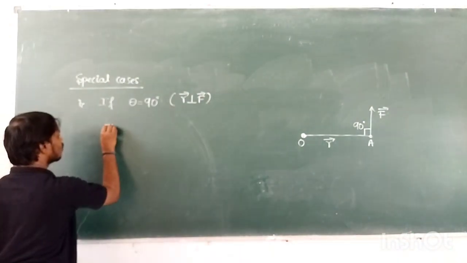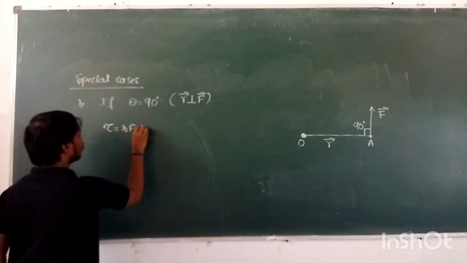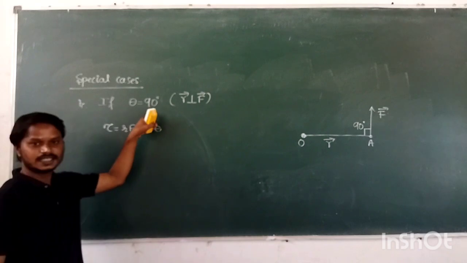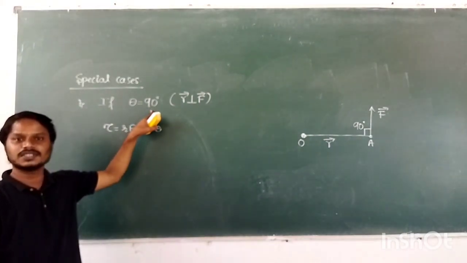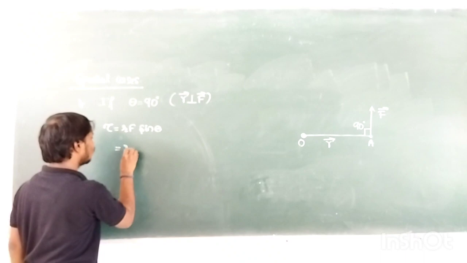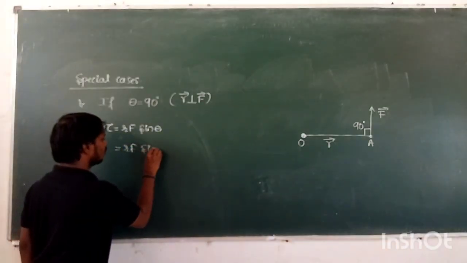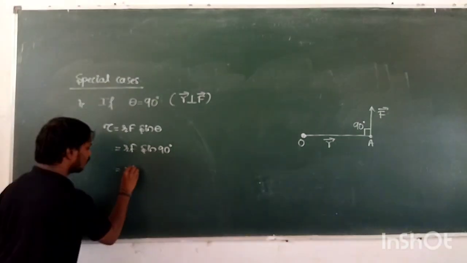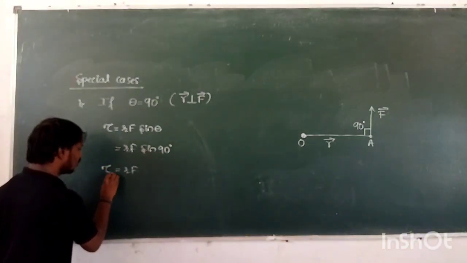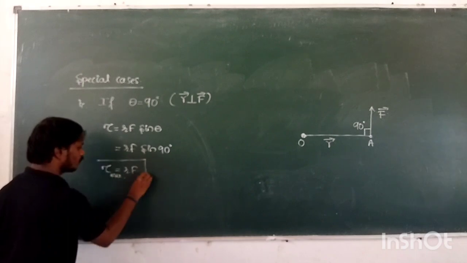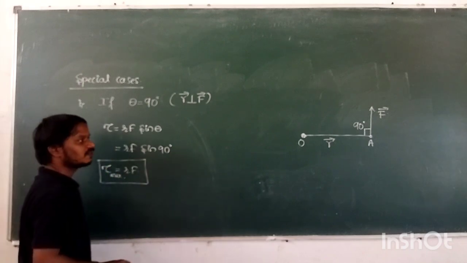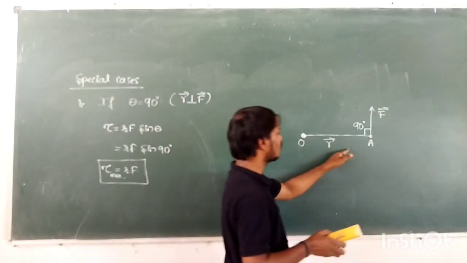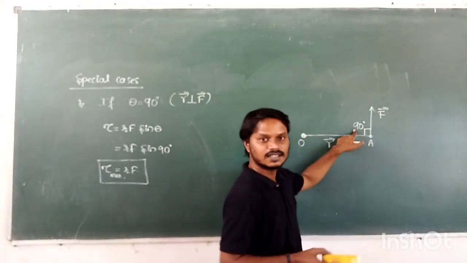The expression for torque is tau is equal to R F sin theta. Theta is 90 degree. Then sin 90 degree is how much? 1. Then it is R into F sin 90 degree, and sin 90 degree is 1, so it is R into F. Now the torque acting on the rigid body is maximum. So when is the torque acting on the rigid body maximum? Only when the angle between the position vector and the force vector is 90 degree.